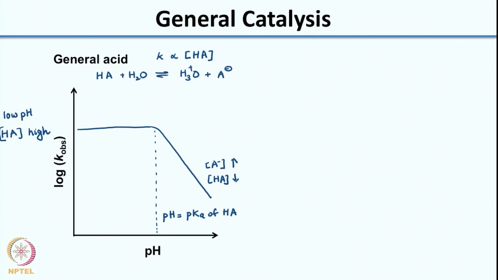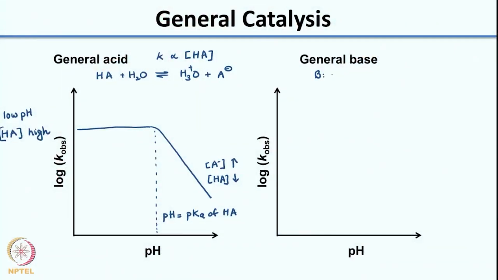Now that you understood this concept, I want you to work out what the graph will look like in the case of a general base reaction. As a hint, when you look at a base, you can think of this equilibrium.